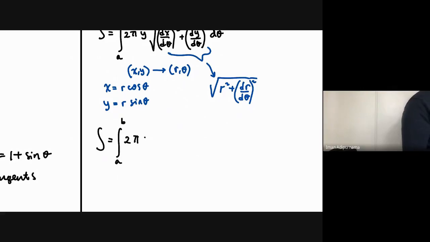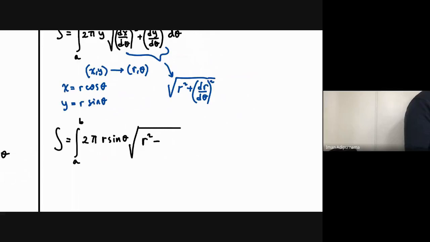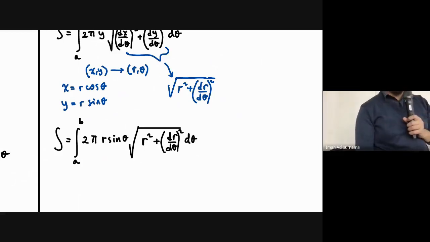2 pi r sine theta, and then the square root of r squared plus dr over d theta squared. And that's our surface area in polar.